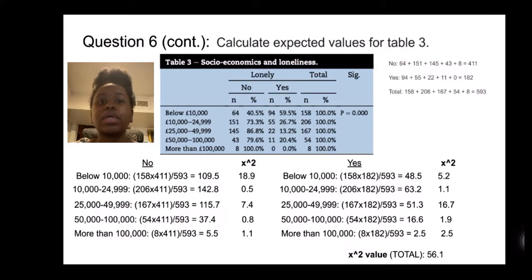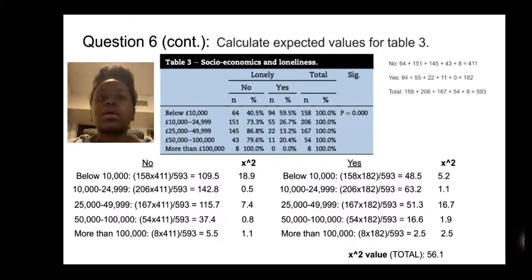When calculating the no's for the category below 10,000, the value was 18.9 for the chi-squared, 10,000 to 24,999 was 0.5, 25,000 to 49,999 was 7.4, and so on.